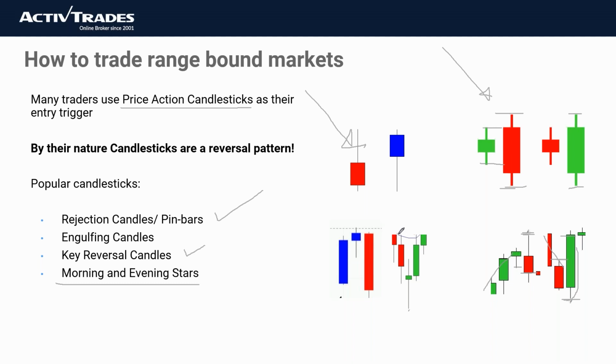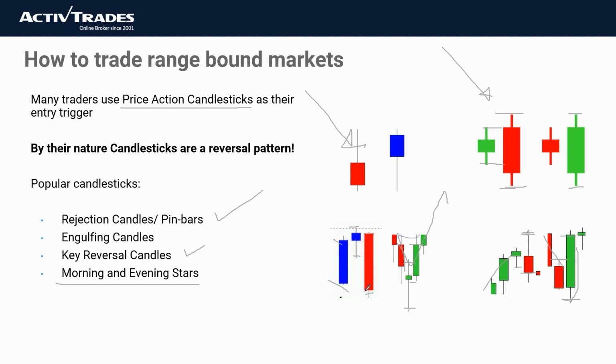So for a morning star formation, we get a bearish candle followed by what might be a reversal candle or an indecision candle. Could be like a doji, could be a hammer or shooting star, followed by a very strong bullish candle. It's a morning star because it's like the morning rise, the sun rising. Or an evening star, where we get a very strong bullish candle followed by something like a hanging man, or a shooting star, or an indecision candle, followed by a really strong bearish candle.